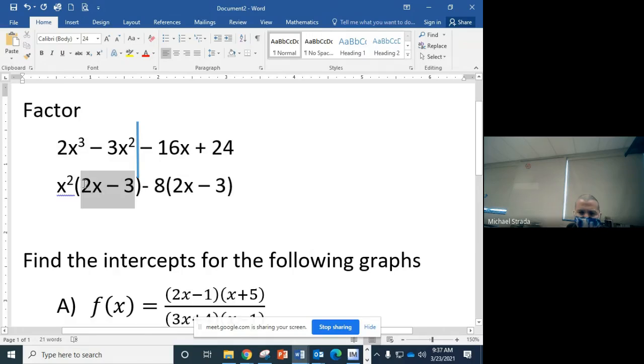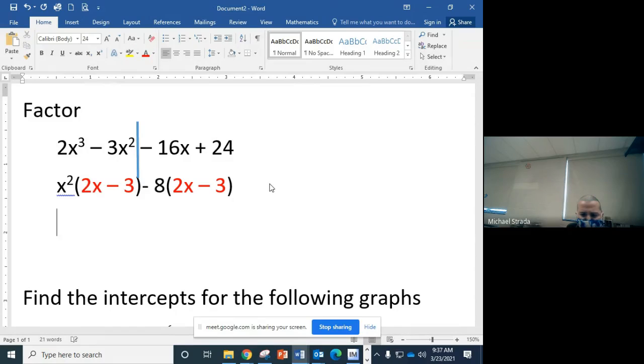Yes, they are. That enables me to use grouping. So half of my answer is that combination of the 2x minus 3. The other half is the GCFs, which is going to give me x squared minus 8. And that's my result.